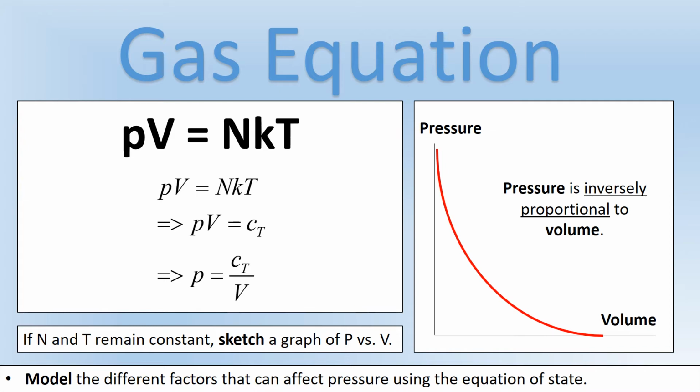So what that means is I can rewrite the equation as pressure is equal to a constant divided by volume. And that in general terms describes an inversely proportional relationship. So you can see that as volume increases, the pressure is going to decrease, and it's a specific 1 over relationship. So your graph should look like the one you can see on the screen. That is the graph of an inversely proportional relationship. So that's how we do it if n and T remain constant.